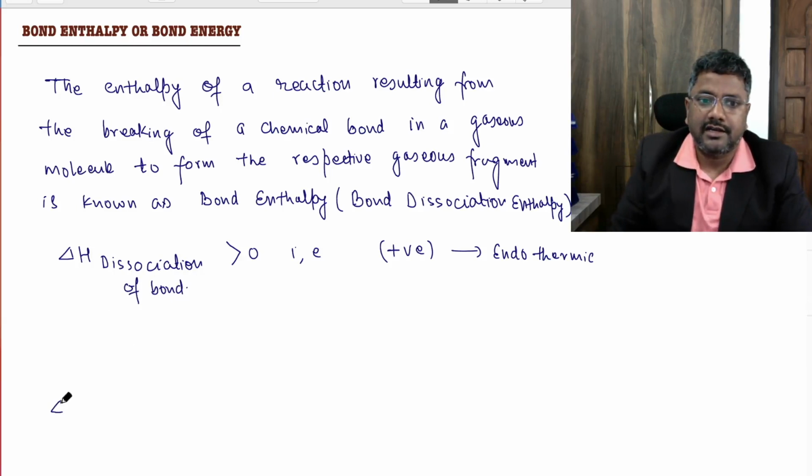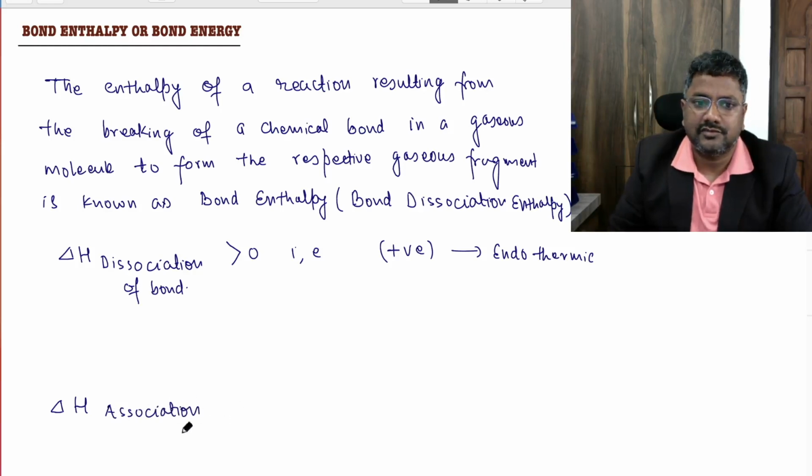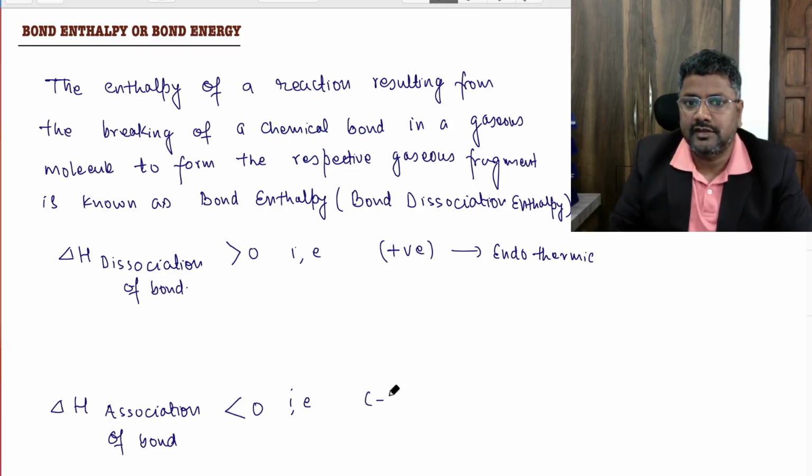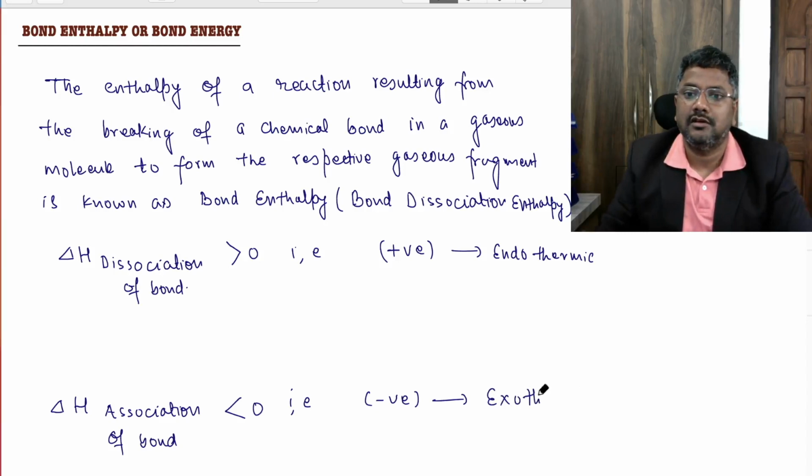And delta H association of a bond is less than 0, that is negative, meaning exothermic, right?